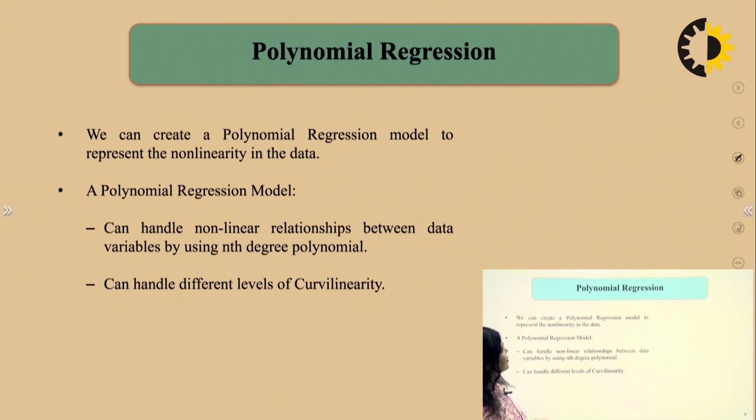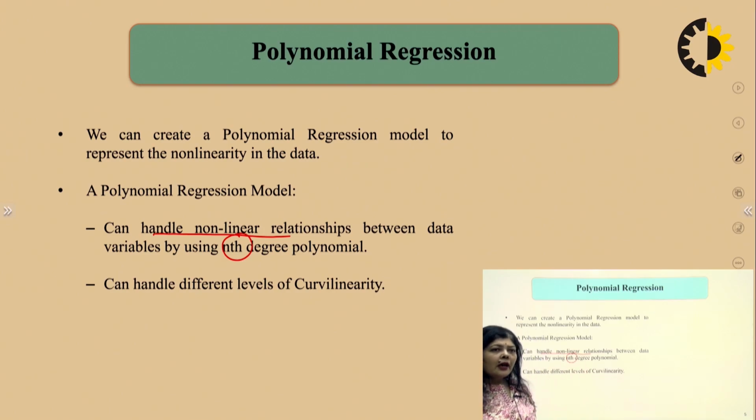So when we talk about the polynomial regression, we are indeed going to use some sort of polynomial function to represent our model. And the polynomial regression model, first of all, can handle the nonlinear relationship which exists between the data variables. And for representing this nonlinear relationship, the regression model actually uses an nth degree polynomial, right?